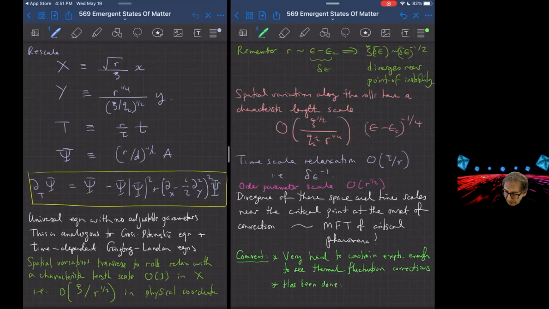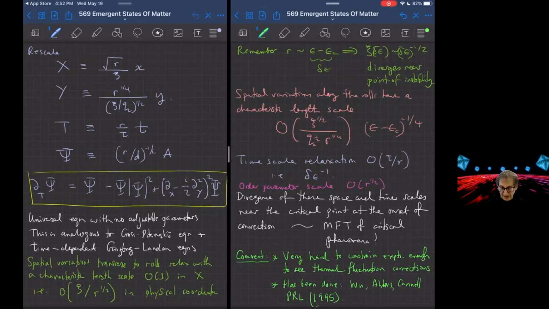I'm just going to drop the reference here: Alles and Cannell, all of whom are absolutely fantastic experimentalists, in Physical Letters, 1995. So it is possible, even in these non-equilibrium systems, to see these thermal fluctuations.